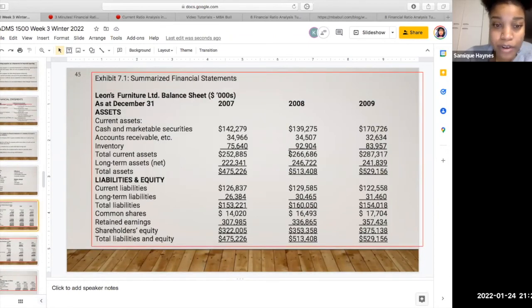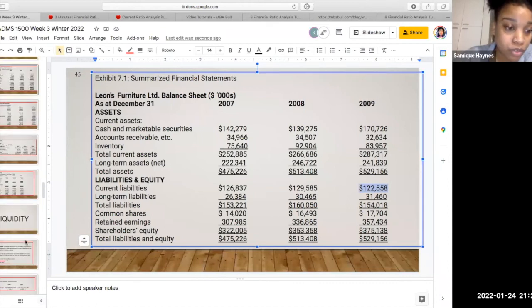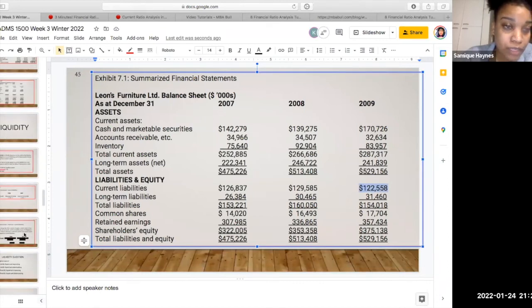So total current assets, maybe you used your total assets, not the total current assets, divided by the total current liabilities. Total current assets divided by the total current liabilities. Okay, all right, good. So we understand where we made a mistake.